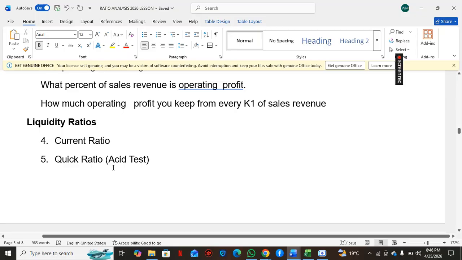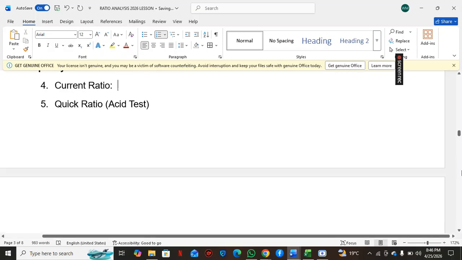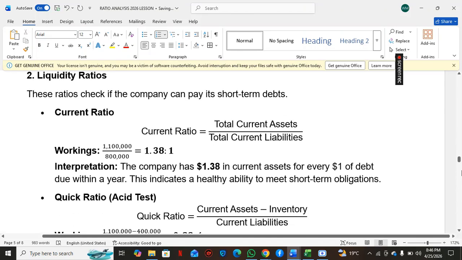So for the current ratio, let me see what formula was used here first. Yes, this is the one I like. Current ratio is current assets over current liabilities.